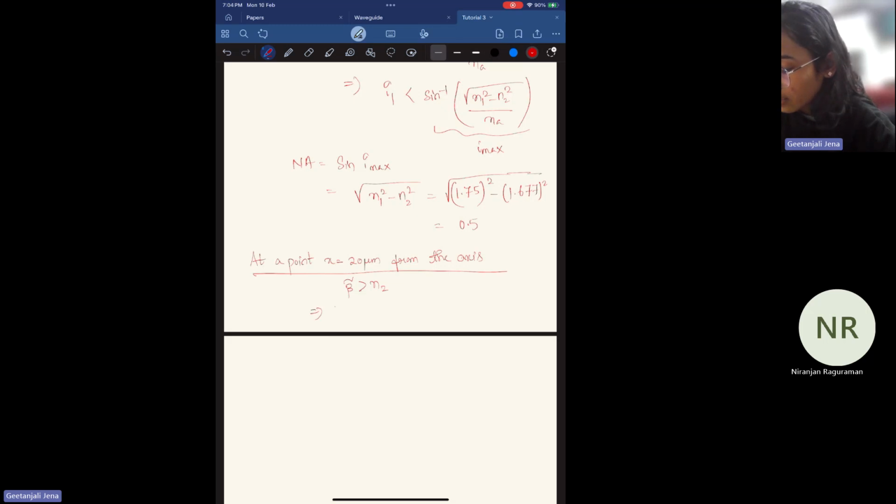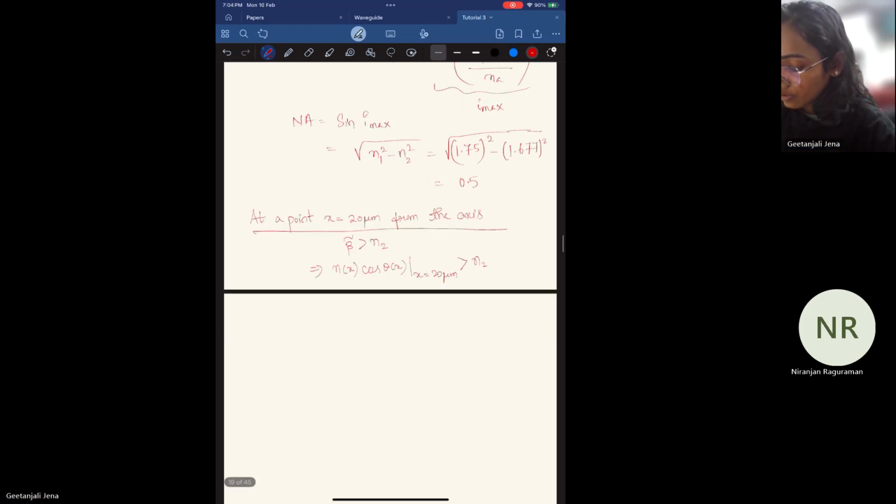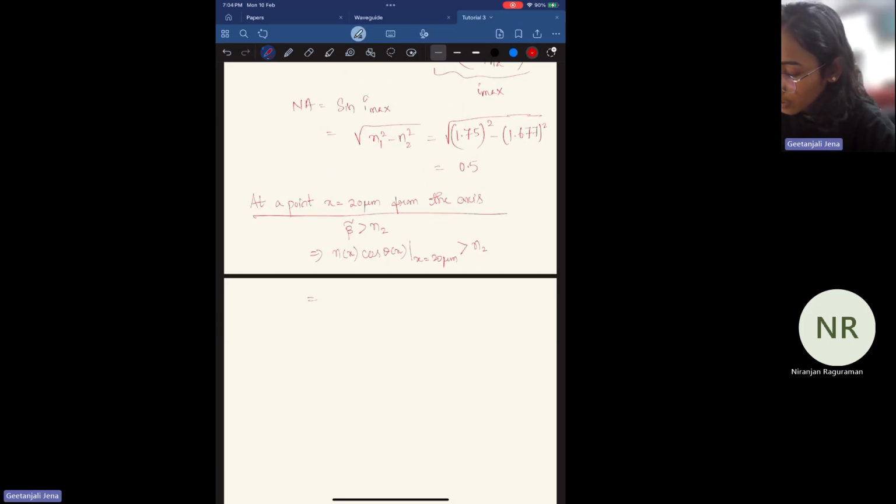Now the beta tilde, you can write as nx cos theta x at x equal to 20, should be greater than n2. So now we have cos theta x greater than n2 over nx.